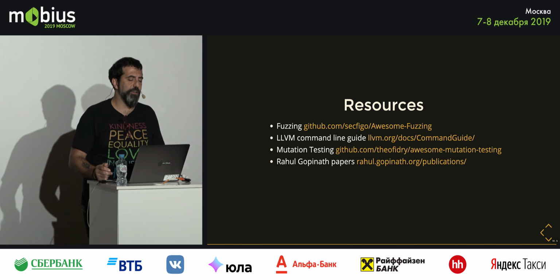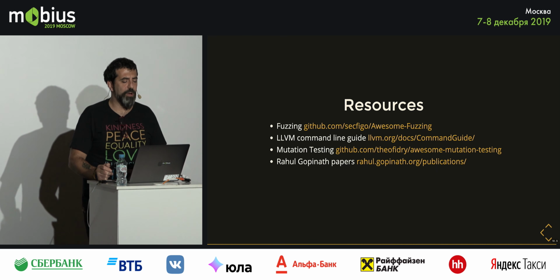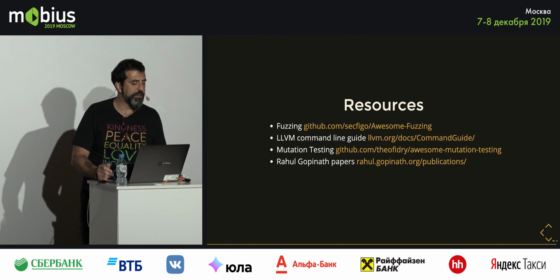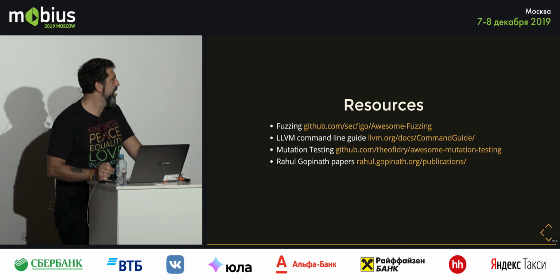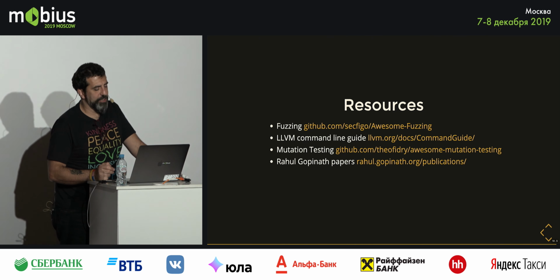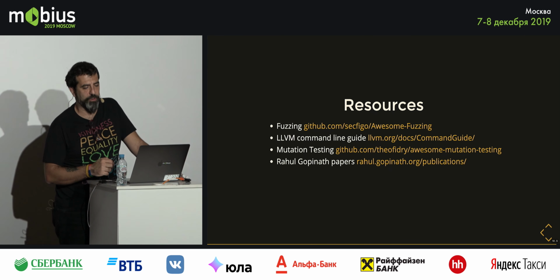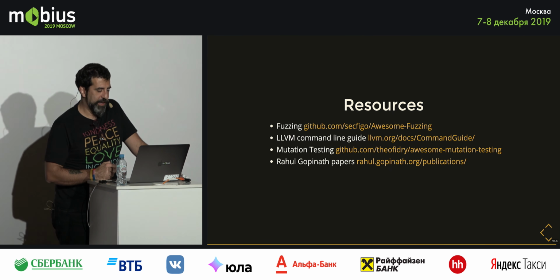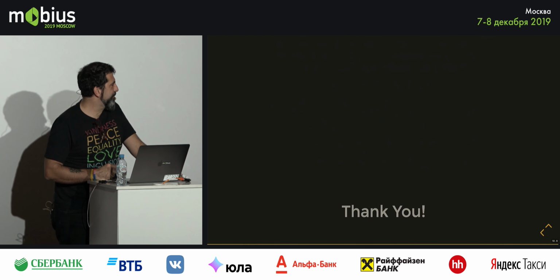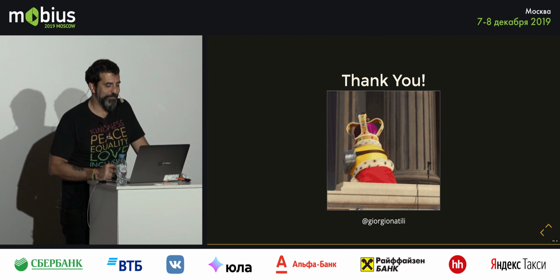For mutation testing, again on GitHub, there is a pretty well curated list of resources, and Rahul Gopinath, from the University of Oregon, has at least 5 publications that are related to mutation testing. An extremely interesting one is focused on how to improve performance on mutation testing and generation of mutants. That being said, thank you.